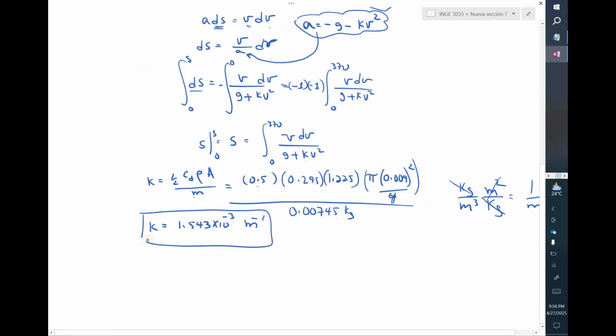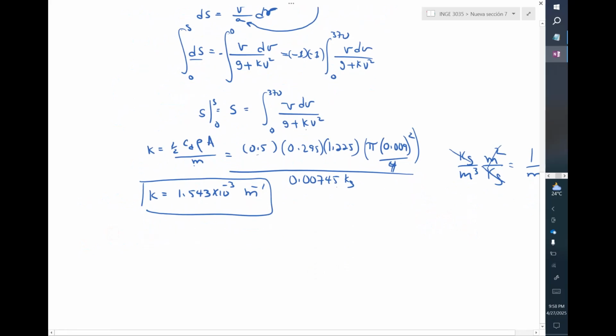All right. With that said, let's integrate this. So we're going to integrate from 0 to 370 v dv over g plus kv squared. Now that integral is equal to s. So basically you solve this, and you have the maximum height that this bullet will reach until the velocity reaches 0.